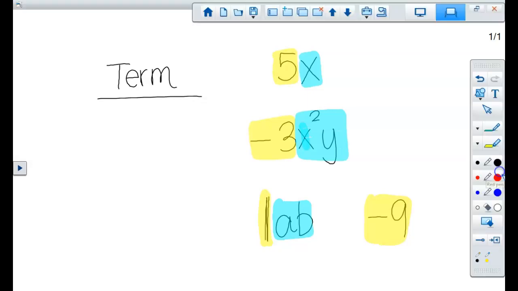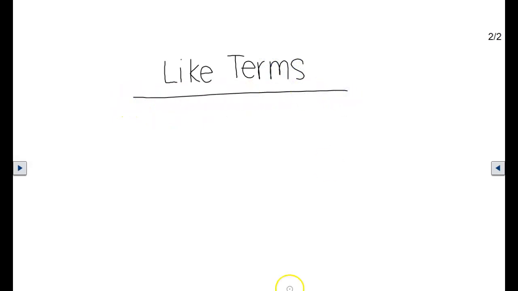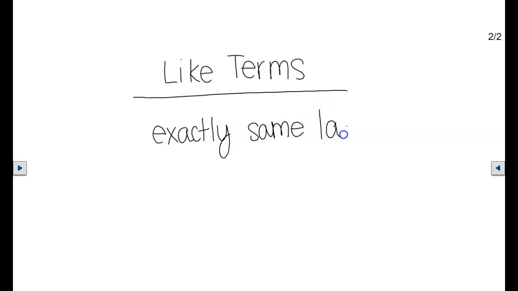And what we did specifically last time is we learned how to recognize like terms. And what we need to remember is that like terms have exactly the same last name.